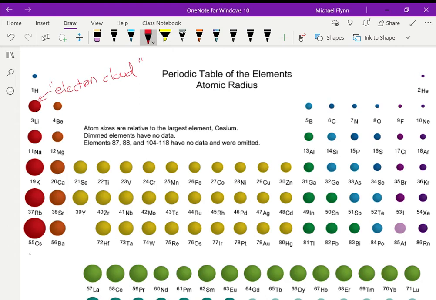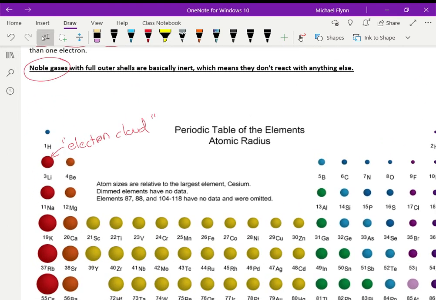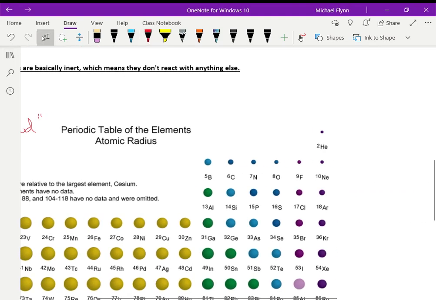It's almost like measuring our solar system all the way out to the Oort cloud, which is debris and dust way out there at the very edge of our solar system. For the electrons, we're talking about how far away those valence electrons are from the nucleus. That's what we mean by atomic radius. Now, if we go to the first element, hydrogen, in the first row, we'll notice that helium is smaller.